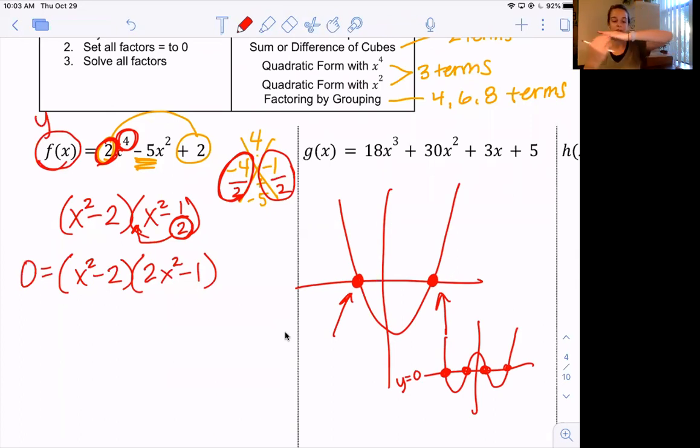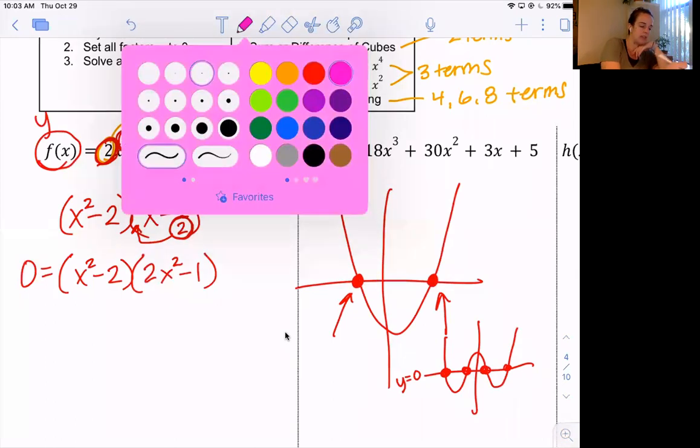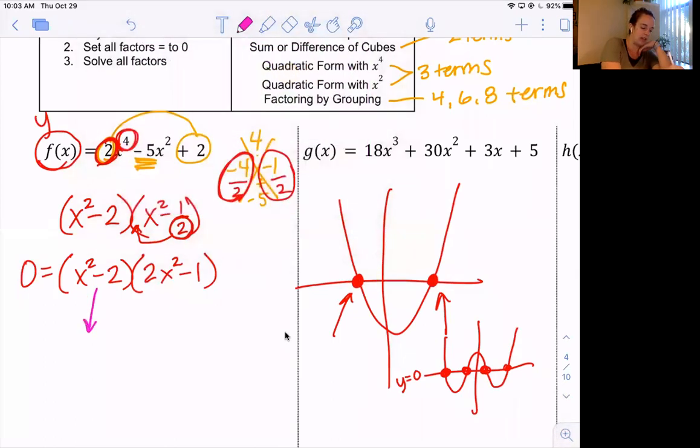That's going to help me find where the quartic polynomial in this case is touching the x-axis. So I'm going to say, okay, x squared minus 2 could be equal to 0, or 2x squared minus 1 is equal to 0.